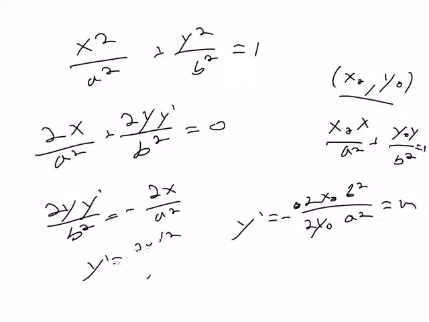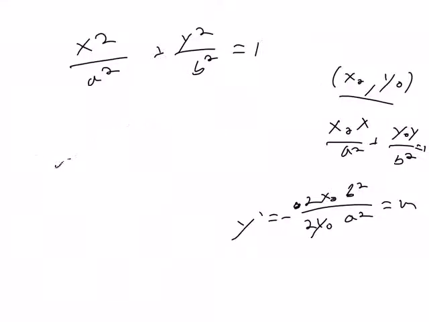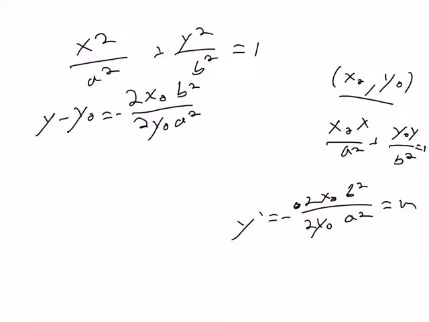So now let's find the tangent line, or all the tangent lines to the slope. So that's going to be y minus y0 is equal to m, and m is going to be negative 2x0 b squared over 2y0 a squared, and let's just multiply this by x, plus, because the minus becomes plus.